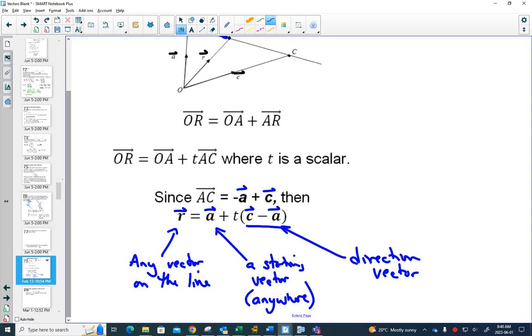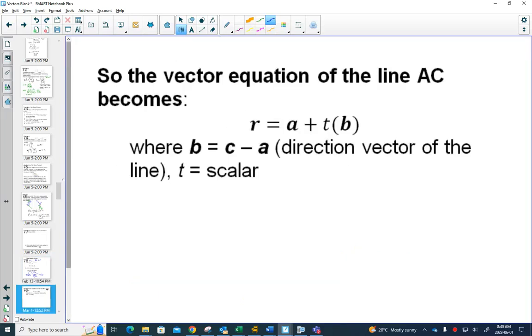You can start with any vector, and then you have a direction vector, and then t is just a constant, a parameter, telling you how much to go in that direction vector. It can be positive, it can be negative, it can be decimals.